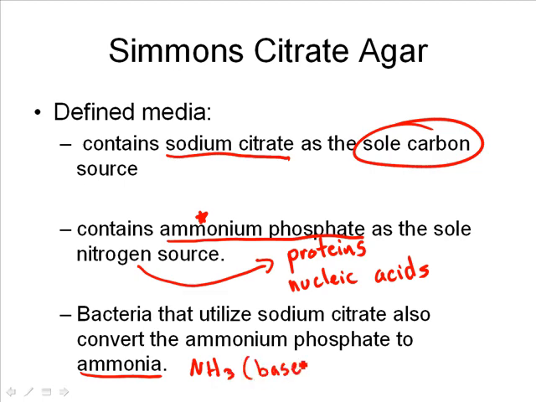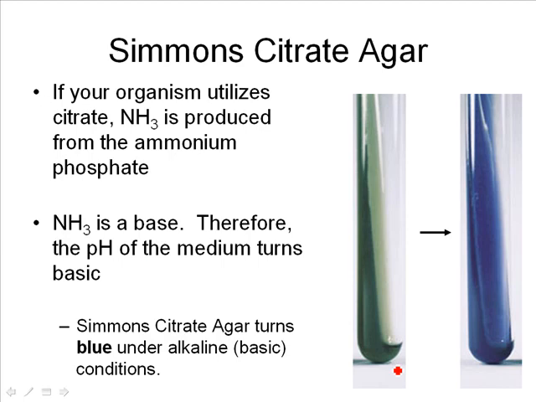Ammonia is a base. Therefore, if an organism is using citrate as the sole carbon source, the media is going to turn alkaline or basic because in addition to using citrate, it's also using the ammonium phosphate. So we can look at changes in pH as an indication of citrate utilization.